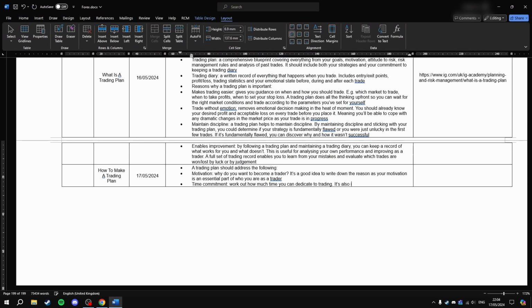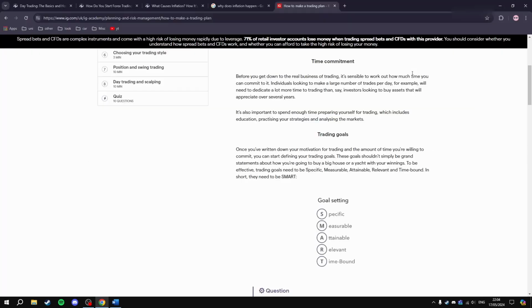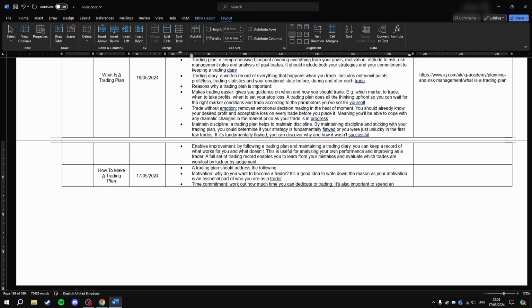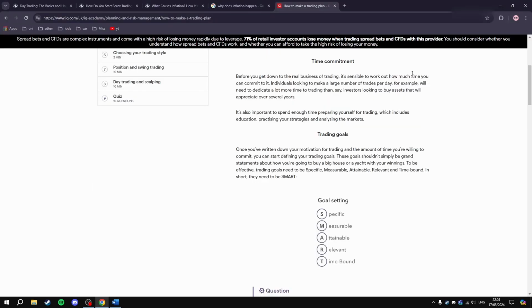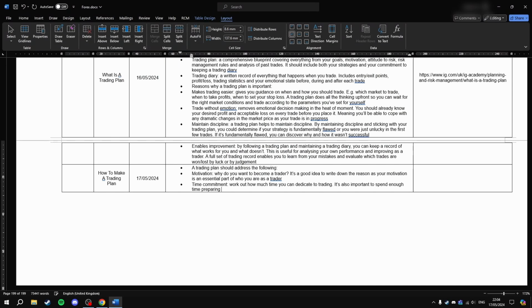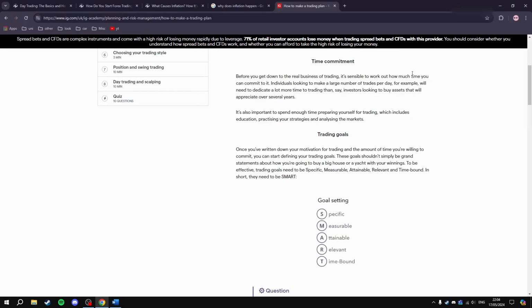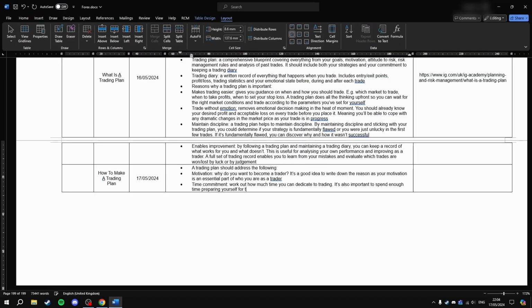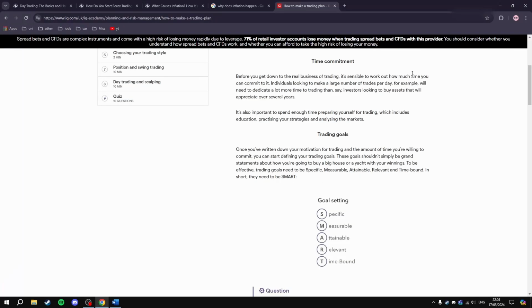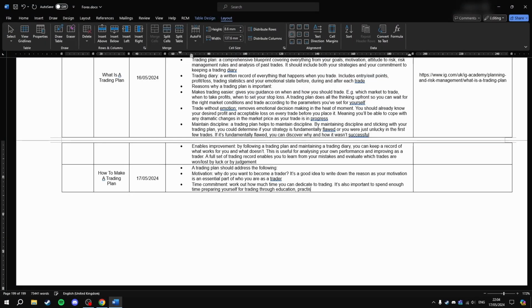It's also important to spend enough time preparing yourself for trading through education, practicing your strategies, and analyzing the markets.